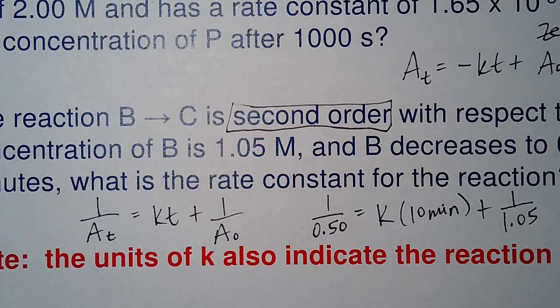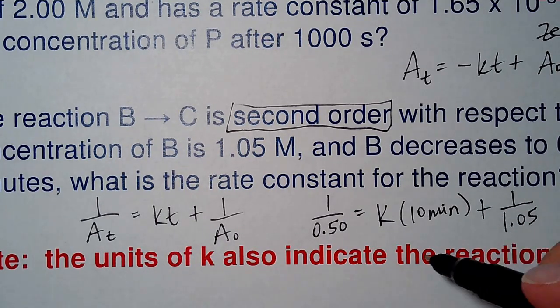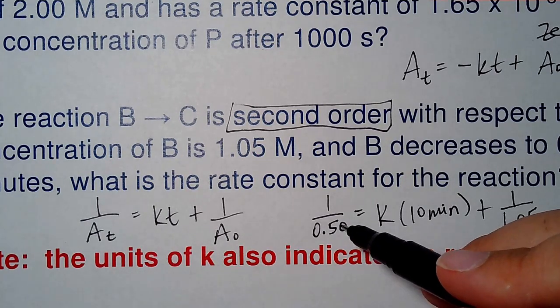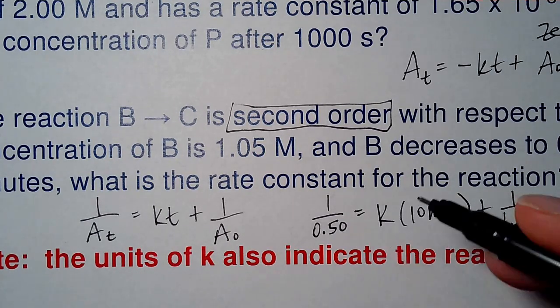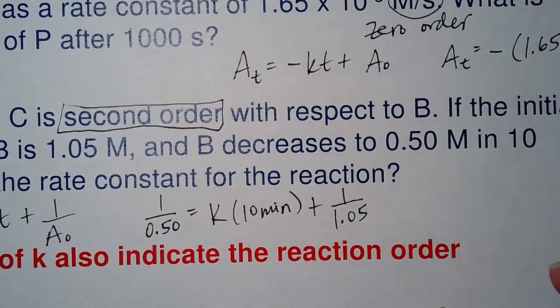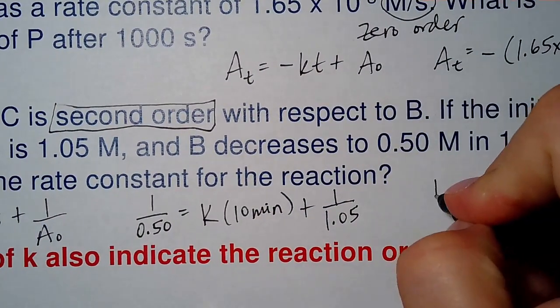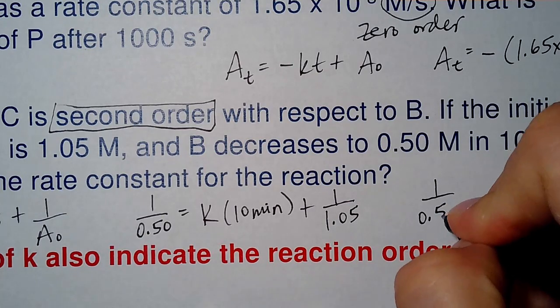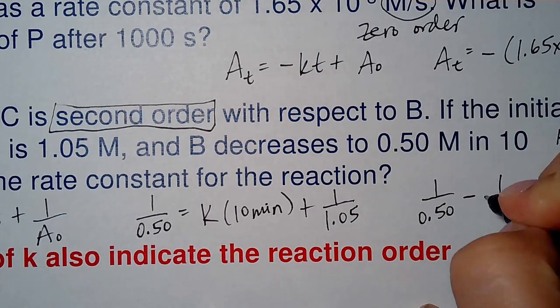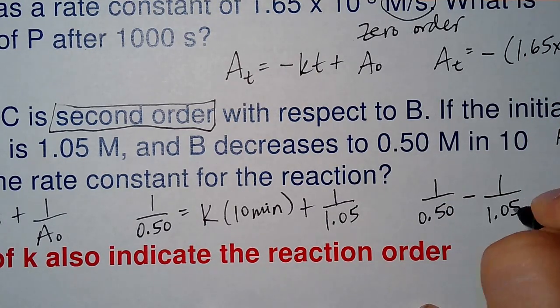Alright, so the first thing we're going to do is subtract the 1 over 1.05 over here, and then we can divide by the 10. So 1 over 0.5 minus 1 over 1.05 equals K times 10 minutes.